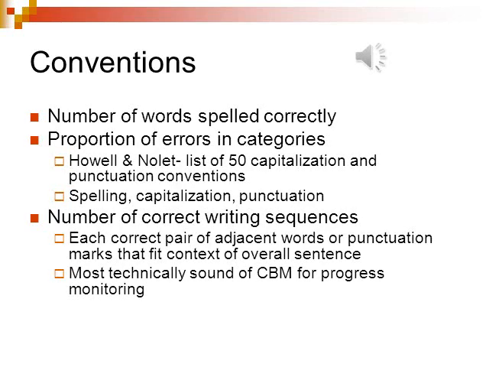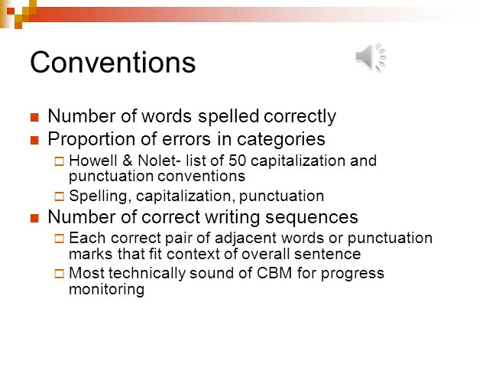Conventions are the mechanical aspects of writing, such as capitalization, punctuation, and spelling. And this is an important part of writing as well, and it's important to understand the different types of convention errors that can occur in writing, so those can be targeted for intervention too. So things that you might look at are number of words spelled correctly in a writing sample, the proportion of errors in different categories.